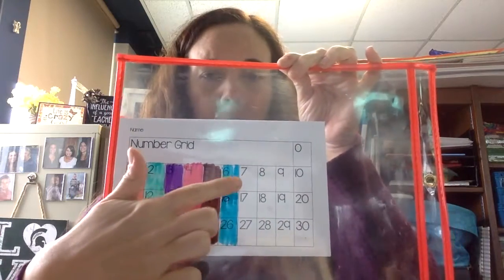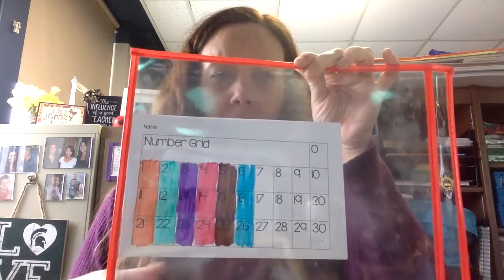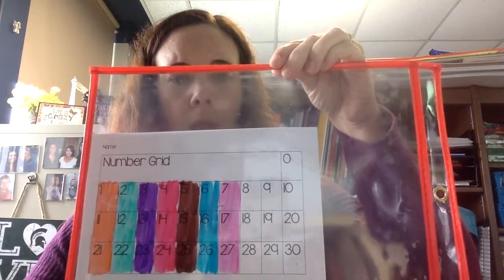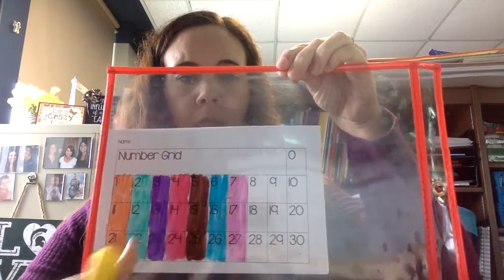Next I have 7s, 7, 17, 27. I'm going to use a different color, pink. Remember, we're doing different colors for each column or each number group. Next, I have my 8s. 8, 18, 28.